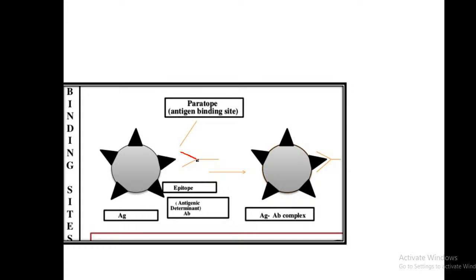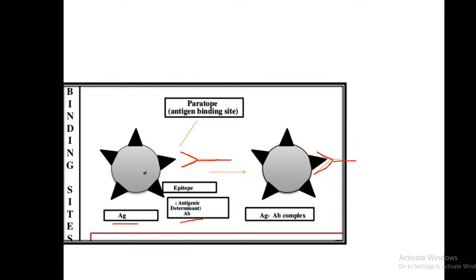Here you can see an antibody. This is an antigen, antibody, and this antibody will bind specifically on this antigen, and this complex of antigen and antibody is called antigen antibody complex. This is the epitope.